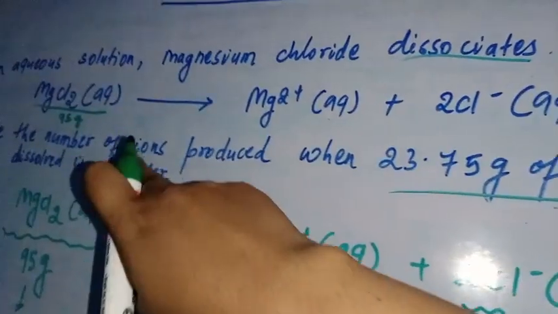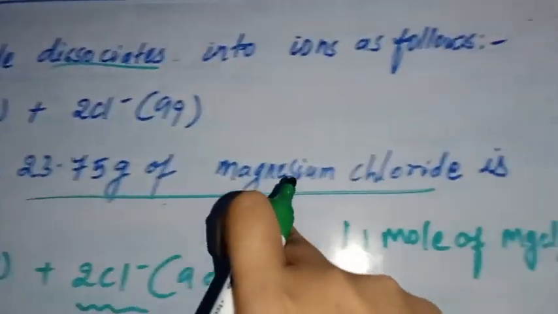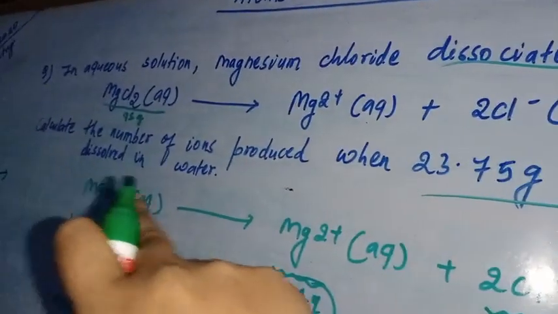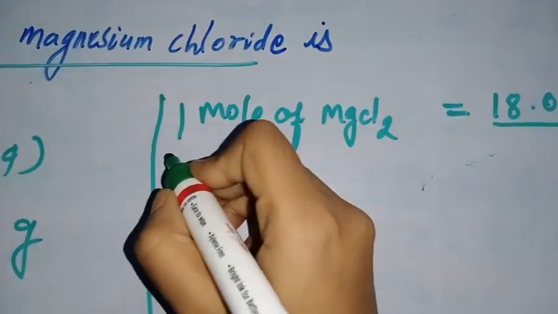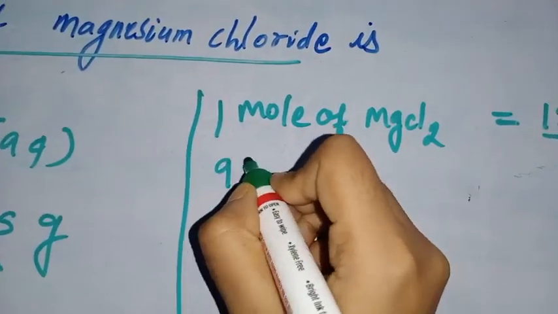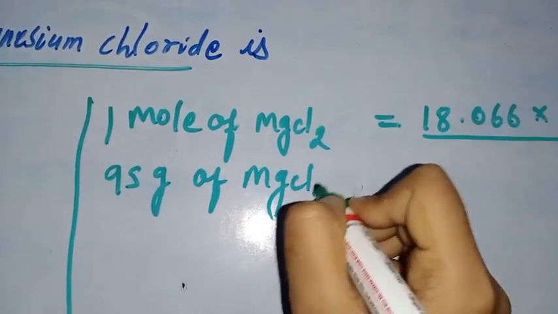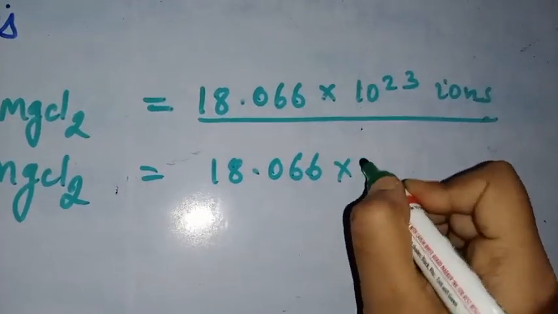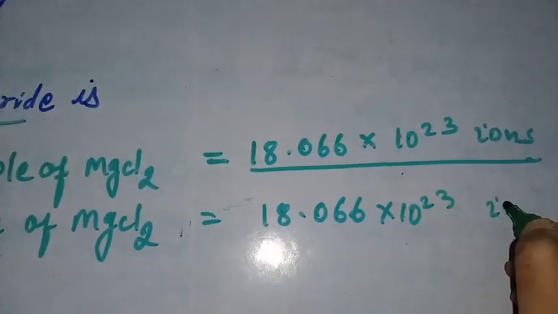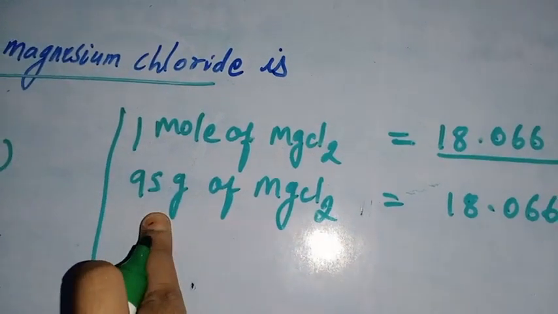Now it is asking the number of ions produced when 23.75 gram of magnesium chloride is dissolved in water. So 1 mole of magnesium chloride is nothing but 95 gram of magnesium chloride, which is equal to 18.066 into 10 to power 23 ions. We can write this one like this only, instead of 1 mole I have written 95 gram.